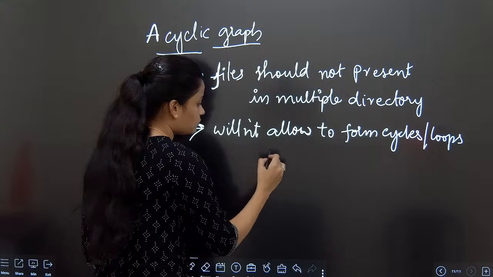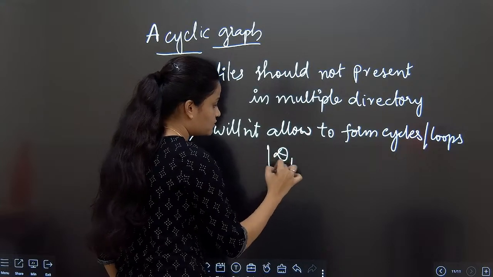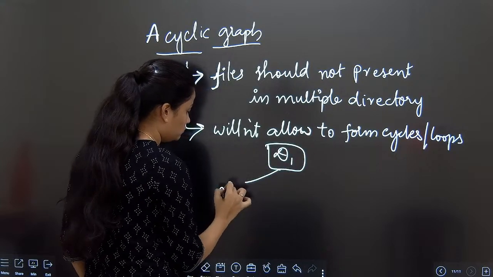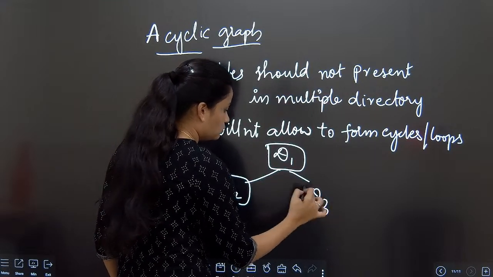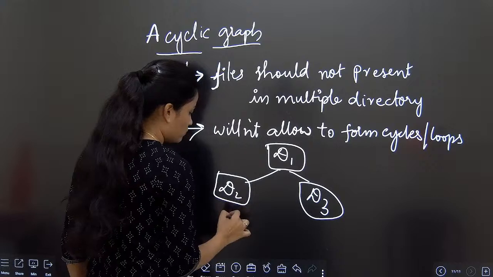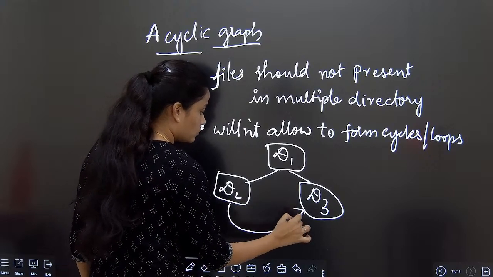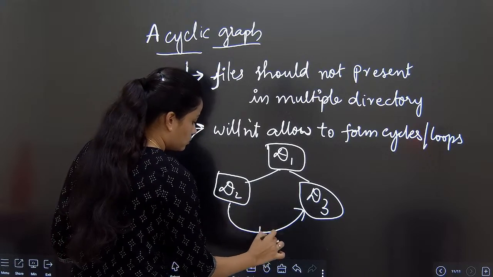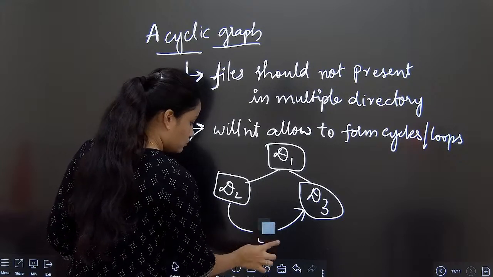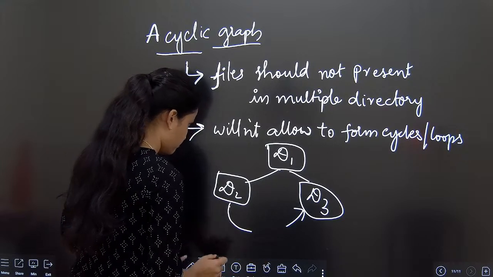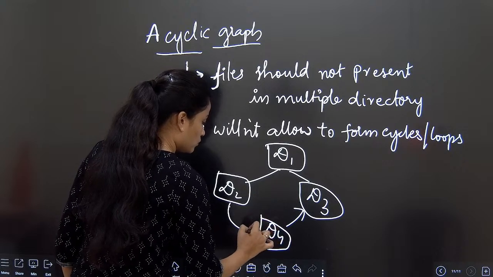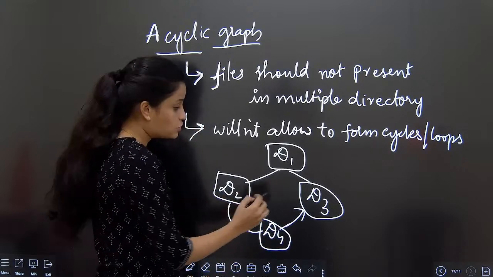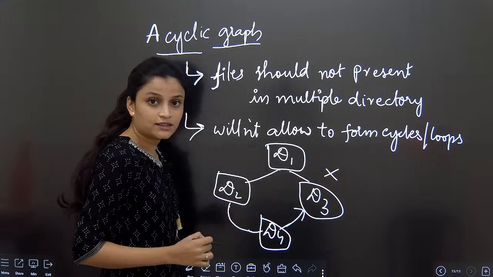Like directory 1 is there. Now it is forming a cycle. So this is not an acyclic graph.